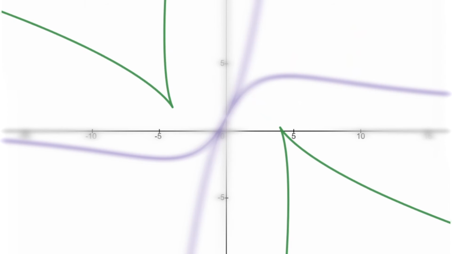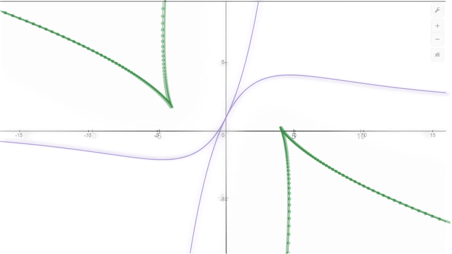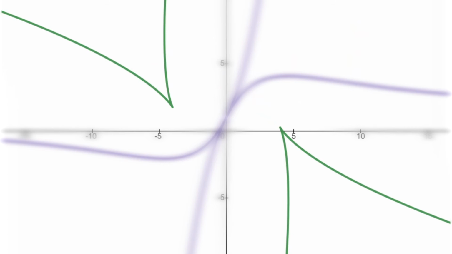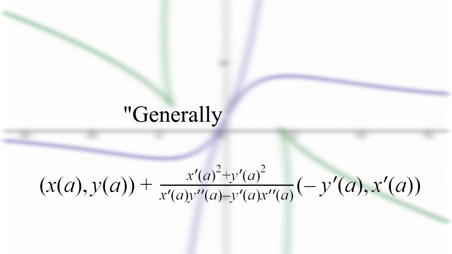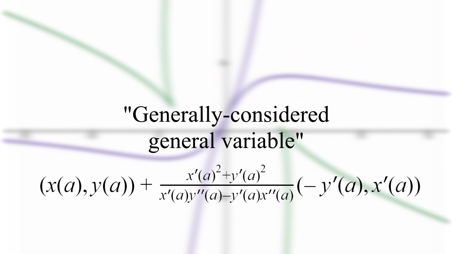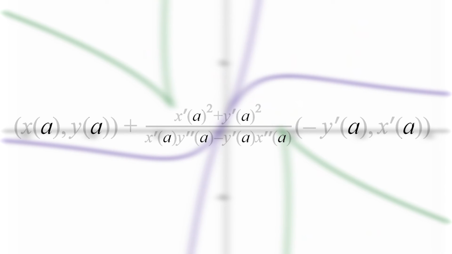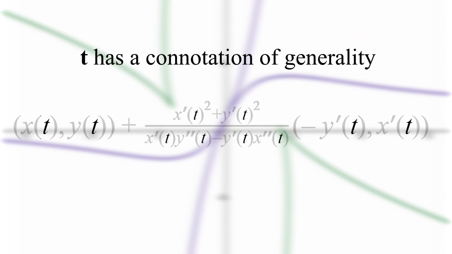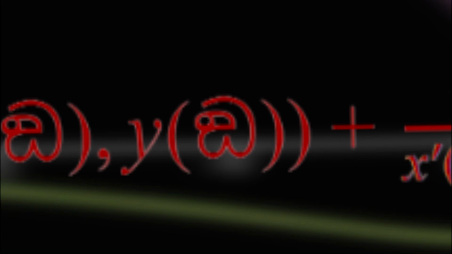Evolutes, as you may infer, are simply the collection of all the centers of curvature of a curve. And the evolute of a parameter is mathematically the limit expression that we got, but with a generally considered general variable, like t. Honestly, it can still be a, but changing to t gives the association of something being more general. But nobody's gonna bash you if you use, like, this weird trending internet symbol for the variable.